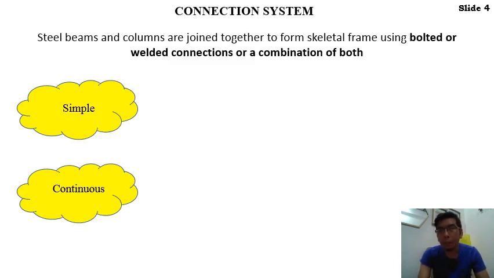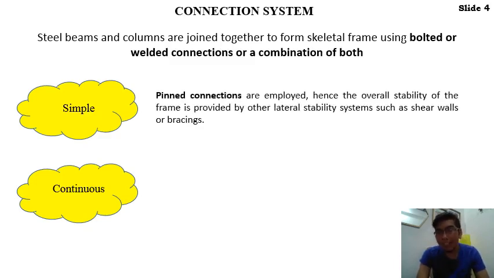For the simple frame construction system, we basically use pin connection. The overall stability of the frame is provided by other lateral stability systems such as shear walls or bracings. That means when you apply pin connection in a simple frame construction system, you need extra components known as bracing or shear walls.